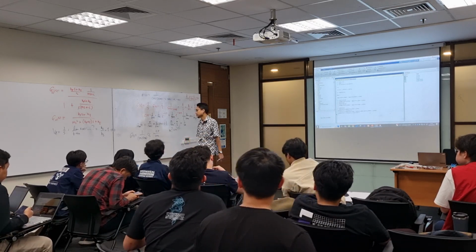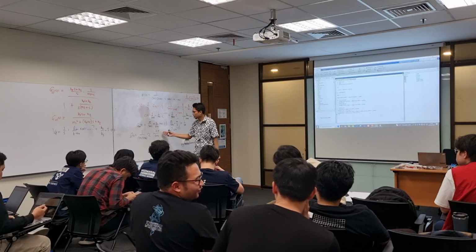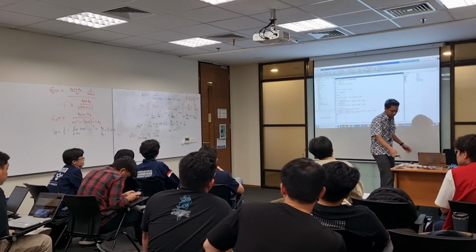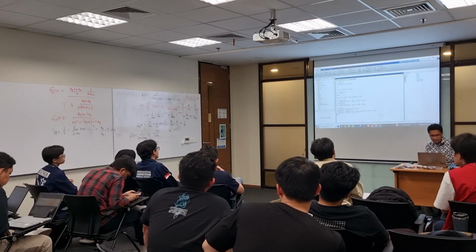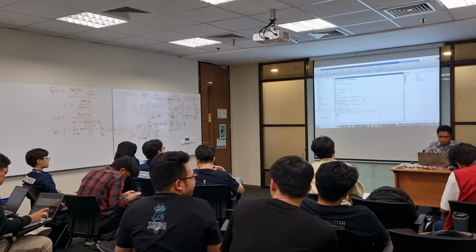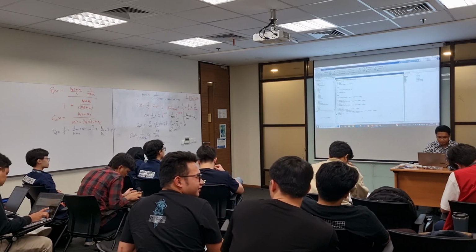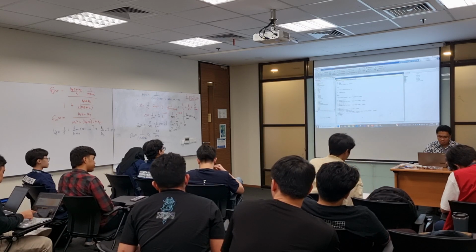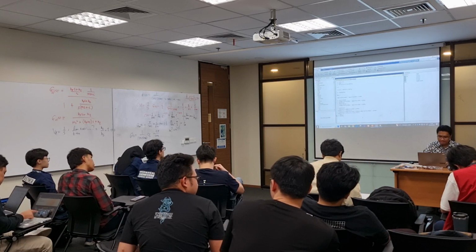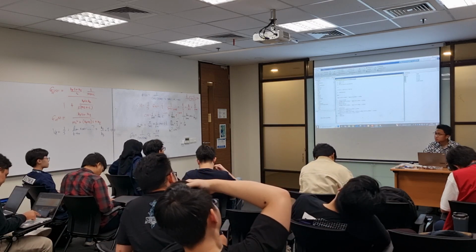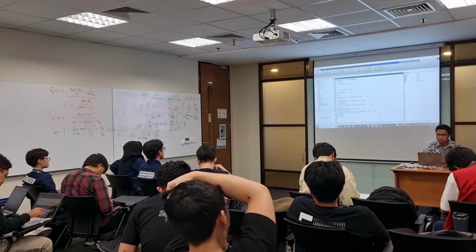So if it is this one, what is the result? Let us try to find it. C new is 1 over... what?